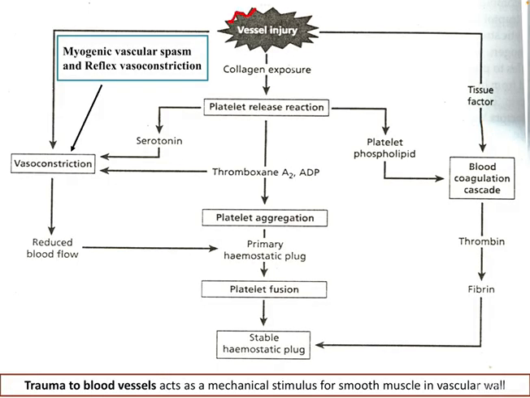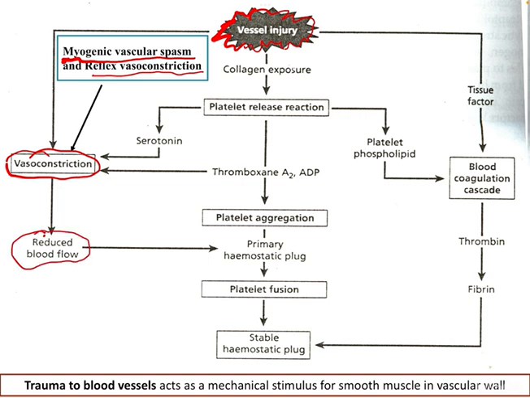Whenever there is a blood vessel injury, whether capillary or vein, there is an exposure of collagen. In response to the vessel injury, there is a myogenic vascular spasm and reflex vasoconstriction, which reduces the blood flow towards the site of injury.